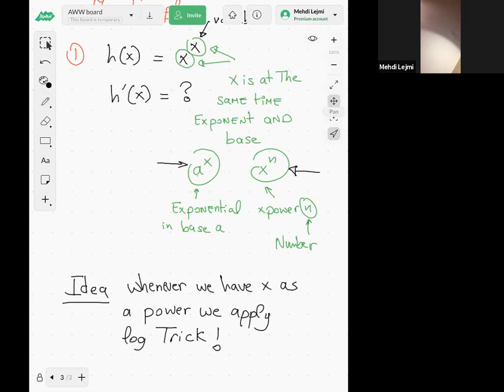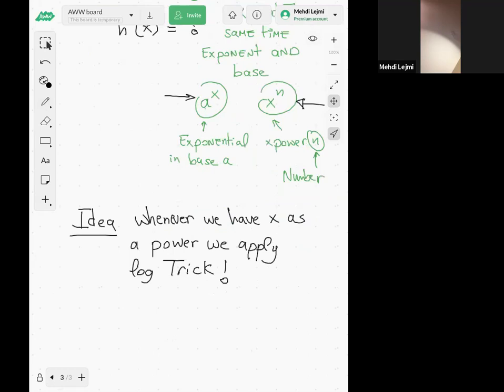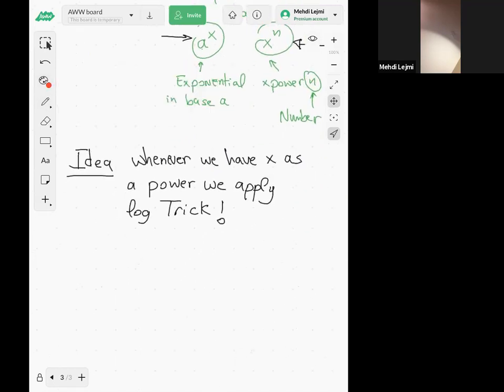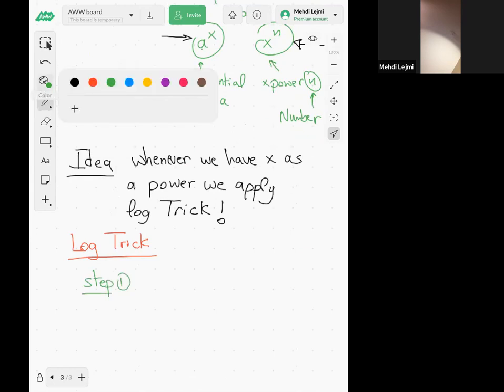So let me explain this log trick. There are two steps in the log trick. So step one is to apply natural log, ln, to both sides.